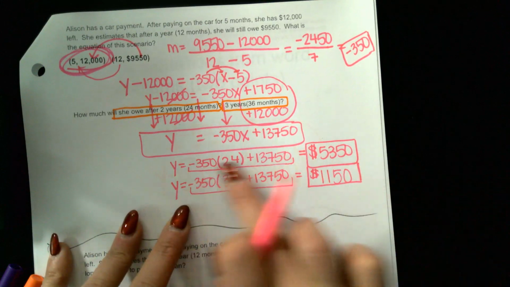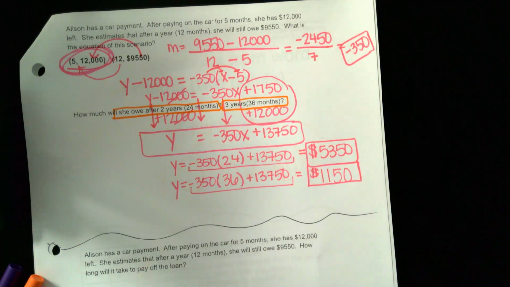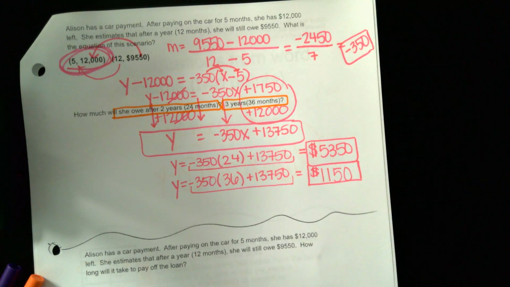Well, you got to type it in exactly how it looks up here. If you didn't type it in like that, that's why you're getting a different answer. Okay, so then you got it.